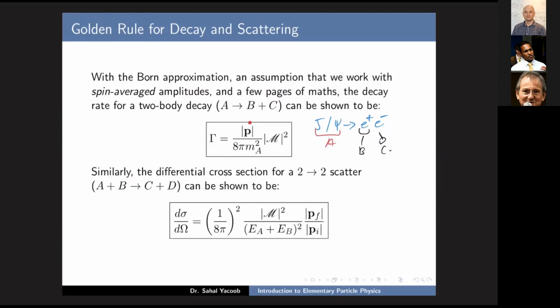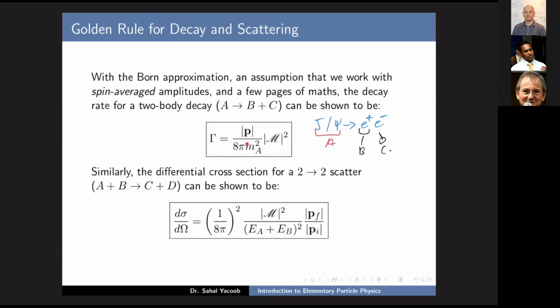P here is the momentum of either of the outgoing particles, and this is evaluated in the rest frame of the parent particle. If we have one particle decaying to 2 others, we have complete freedom in which inertial frame we use, and the easiest thing to use is the rest frame.